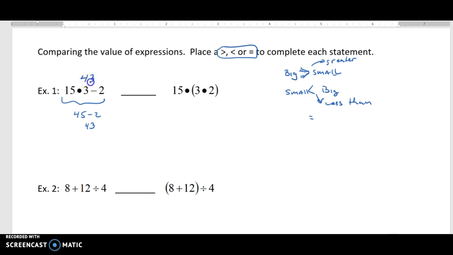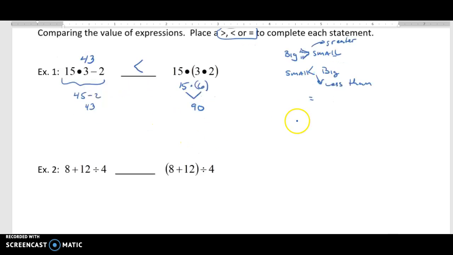So this expression is equivalent to 43. This one, I would do 15 times 3 times 2 is 6. And now 15 times 6 is 90. So which expression is bigger? 90. So the alligator should be eating that. So 43 is less than 90. Okay?